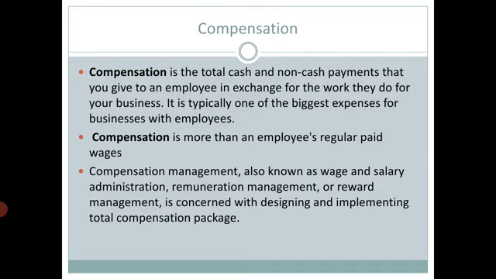When we come to the second factor of production, labor, what is the reward paid to labor? We are going through the factors of production first, and then we will go through the concept of compensation.